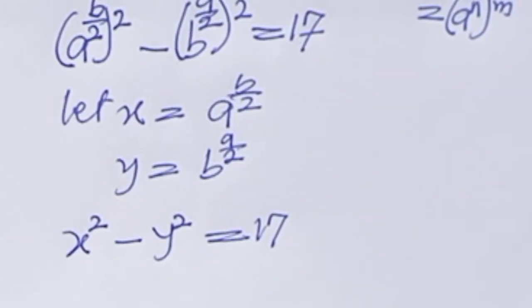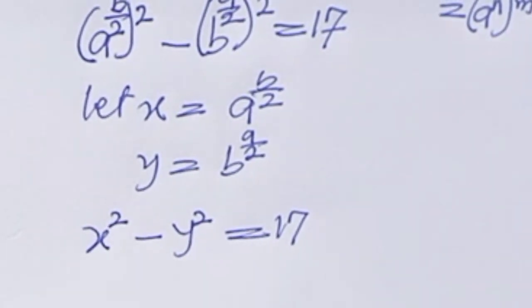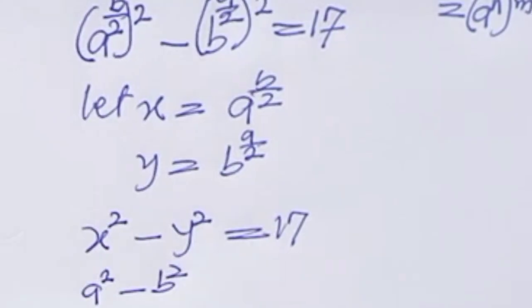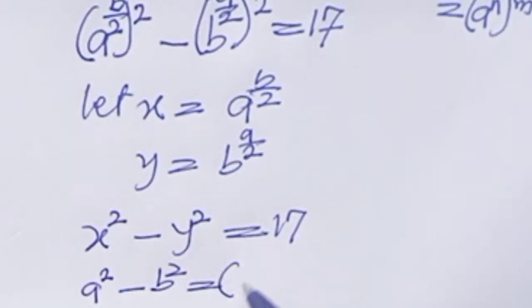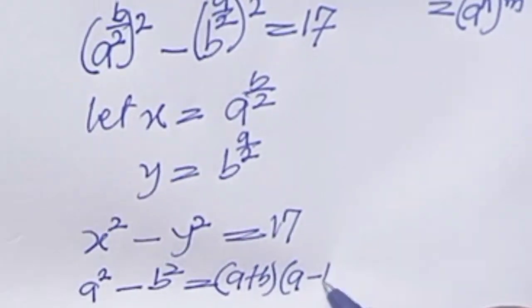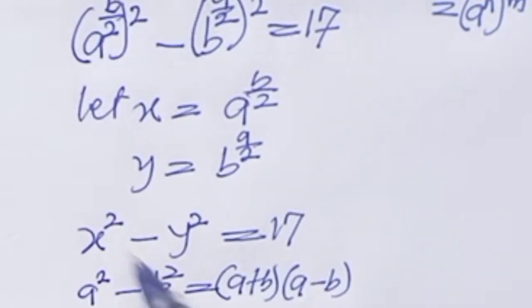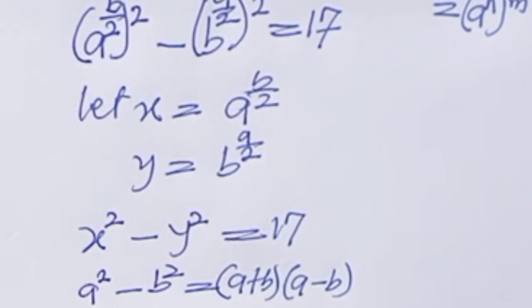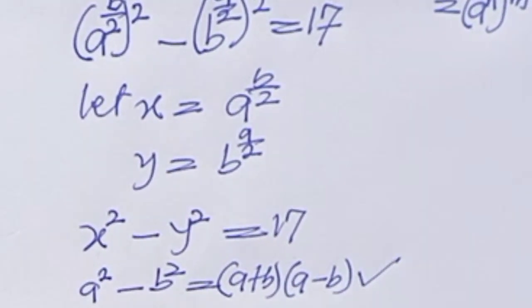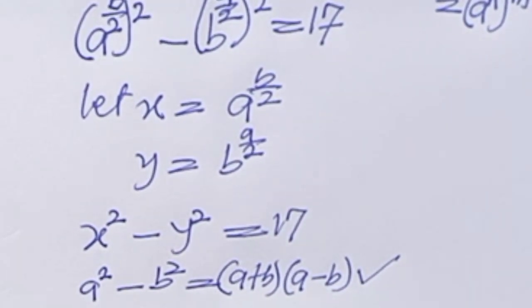And we are fine. But from algebra, when we have a to the power of 2 minus b to the power of 2, this is represented as a plus b times a minus b, where a will be equal to x and b will be equal to y. And this is the difference of two squares, which is our objective.